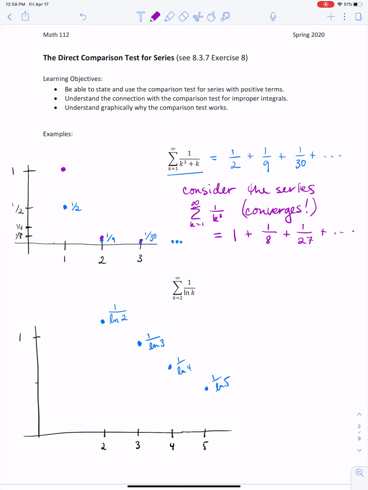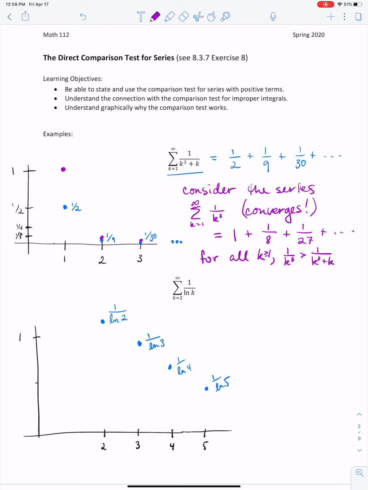What you notice is that in this case, the purple series is always greater than the blue series. So for all natural numbers k, 1 over k cubed is always greater than or equal to 1 over k cubed plus k.